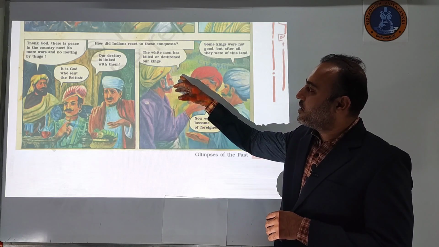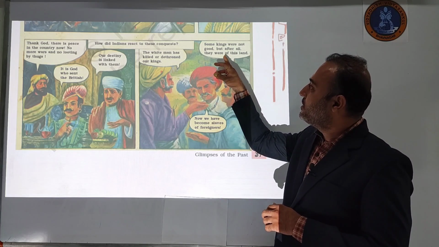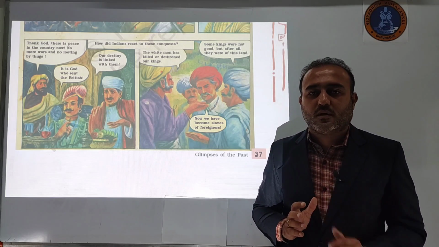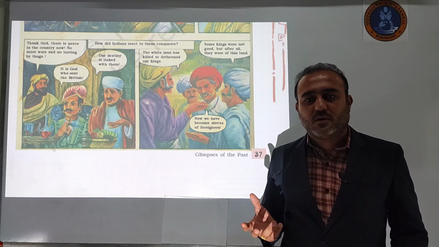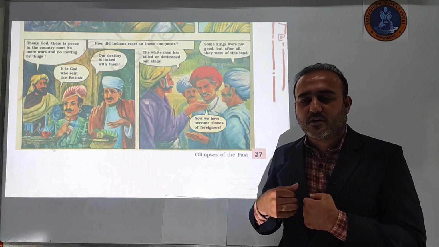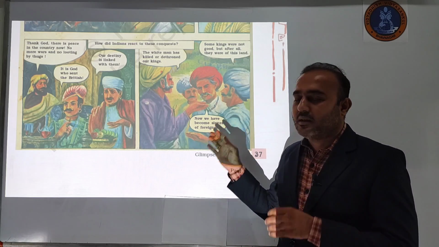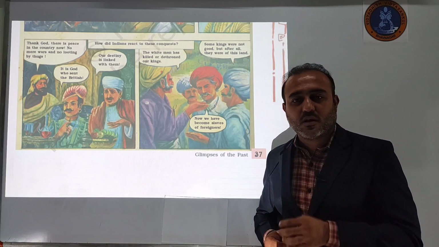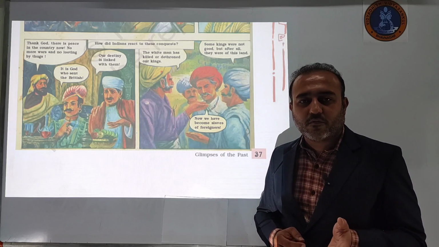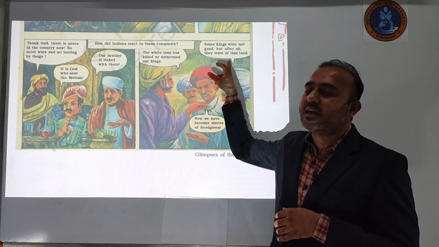The white man has killed or dethroned our kings. Okay, some kings were not good, but after all they were of this land. That means the people who could sense that the Britishers are actually trying to rob them, that the Britishers are trying to capture the Indian territories, thought that this is a very dangerous situation, and they felt that at least some of the kings who were not good enough, who were fighting with the other kings, were at least the people of India.